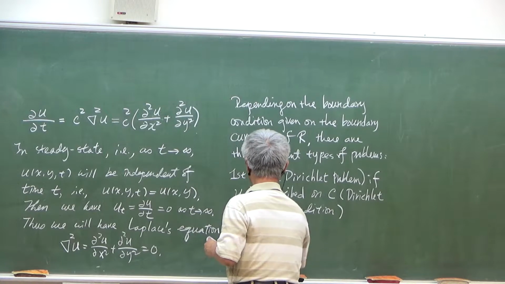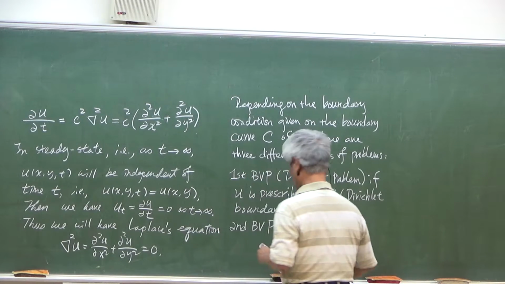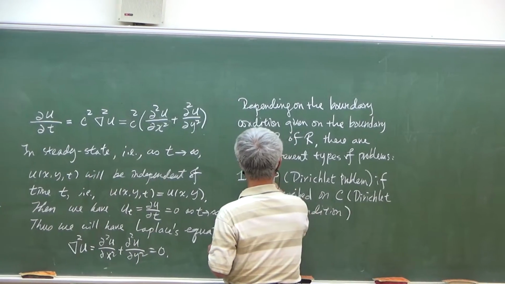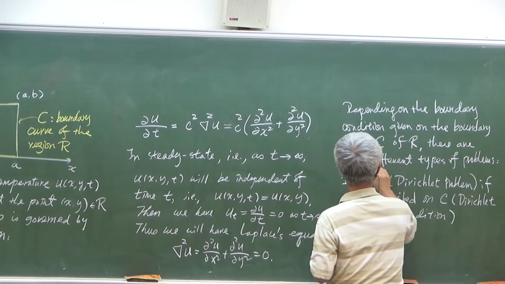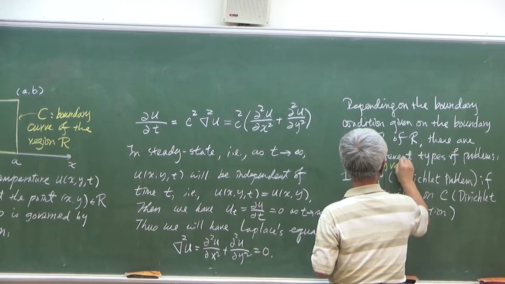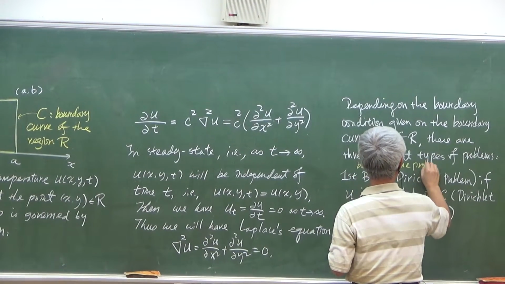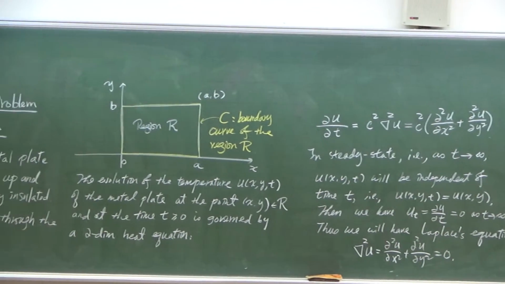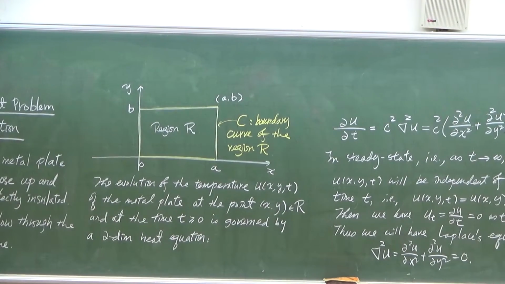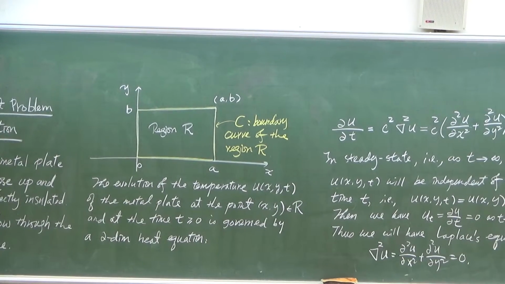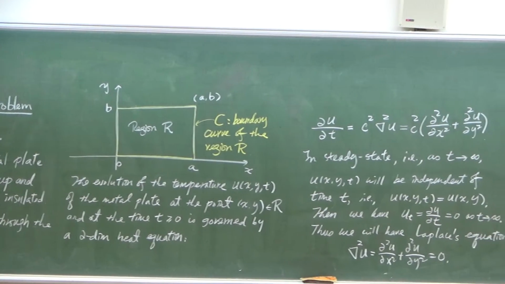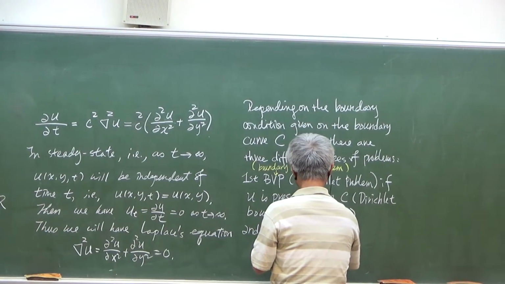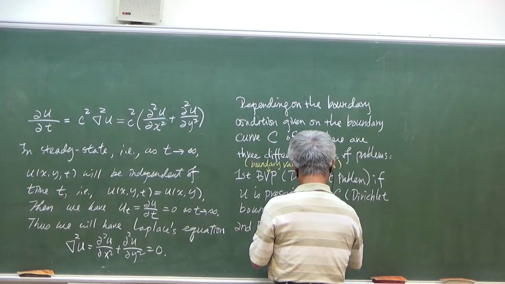Now the second boundary value problem, okay, BVP means boundary value problem. Just like we use IVP to mean initial value problem, right? So BVP means boundary value problem. The second boundary value problem is called the Neumann problem.